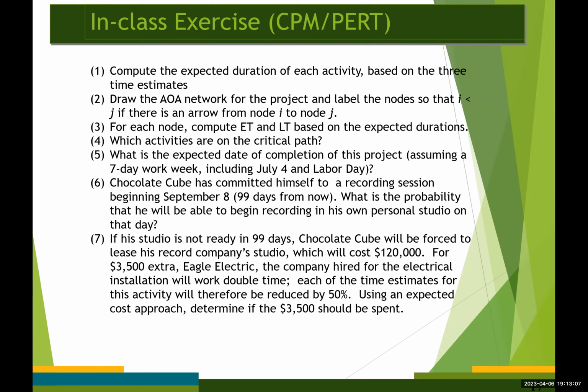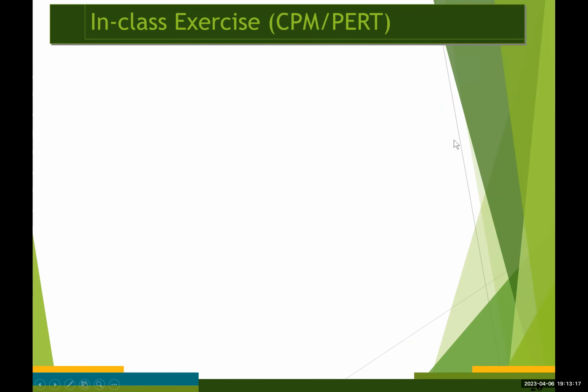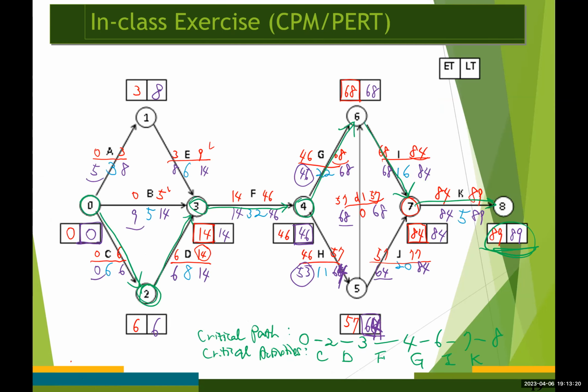So from the previous part, we already knew that the expected completion time of the project is 89 days, right? And so we need to compute the variance for the critical path first.